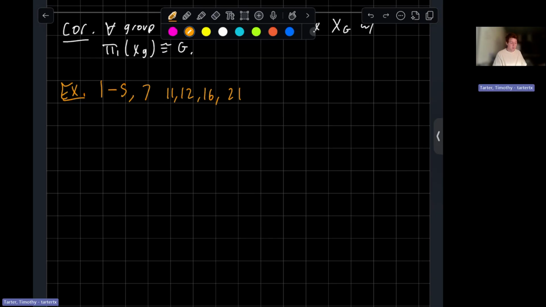So let's begin with the definition. Section 1.3, covering spaces.